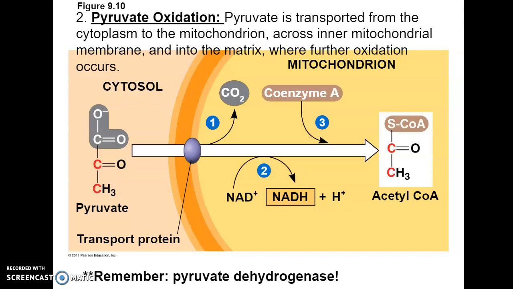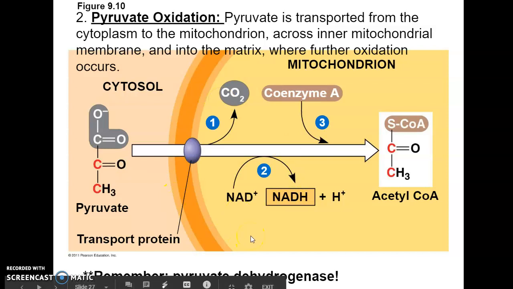But everything else, pyruvate oxidation, the citric acid cycle, and then oxidative phosphorylation, all those parts of respiration cannot happen without the presence of oxygen. So in this slide we're assuming that we have oxygen present. And this is a eukaryotic cell, because in prokaryotes, all of this would just happen in the cytoplasm.